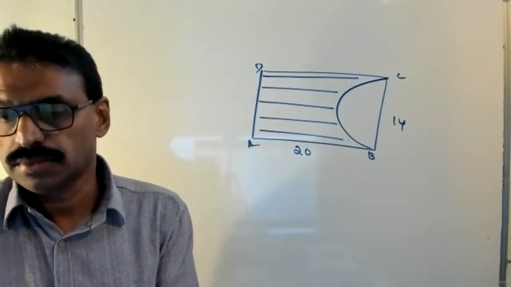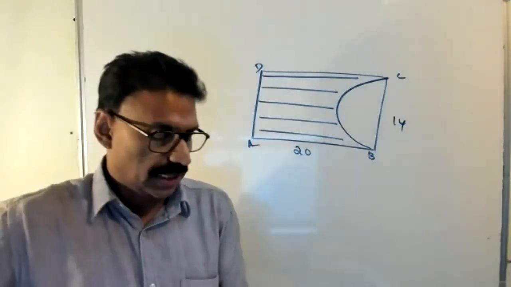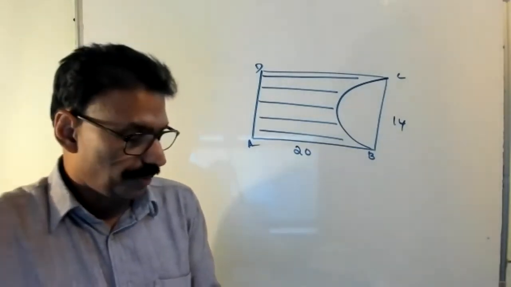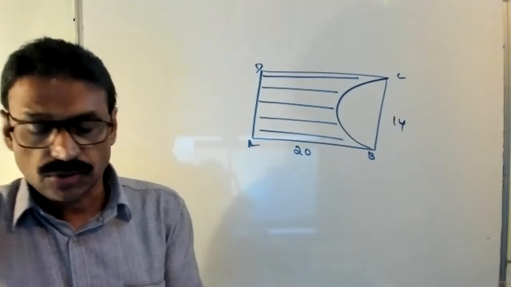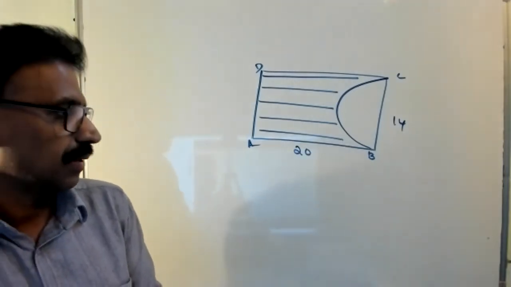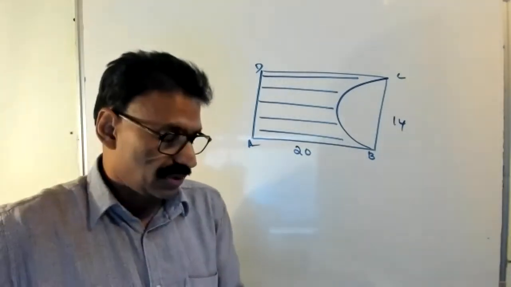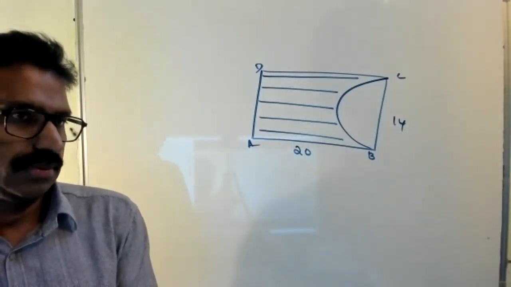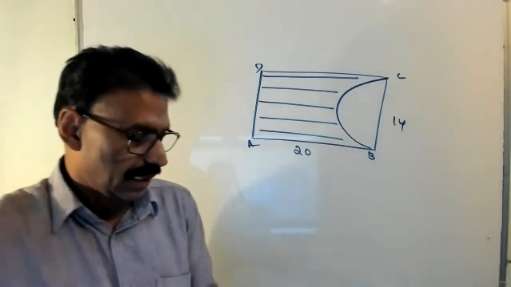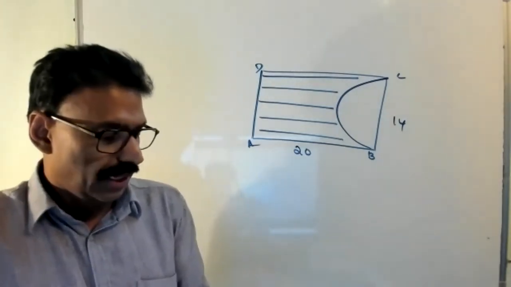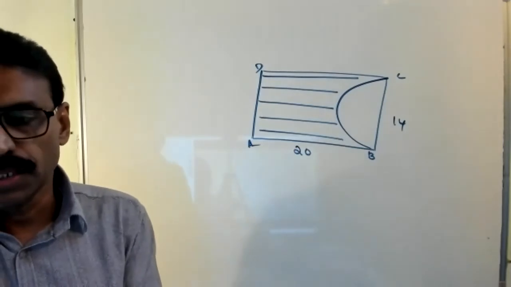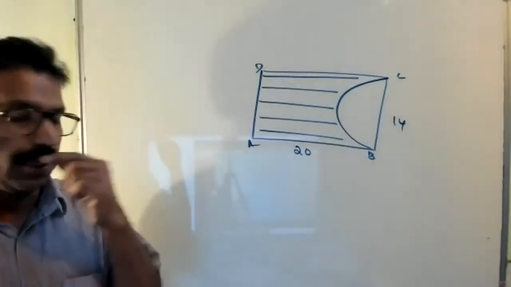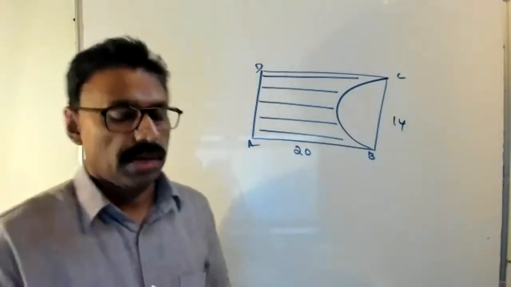A semicircular portion with BC as diameter is cut off. Find the area of the remaining part. Okay, find out. Simple. You find the area of the rectangle minus area of semicircle.